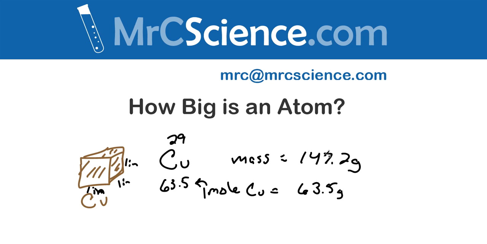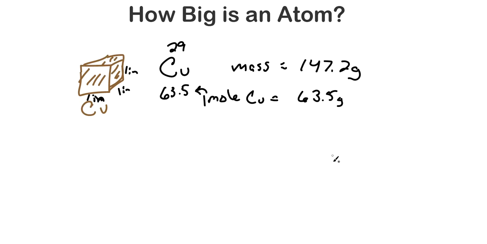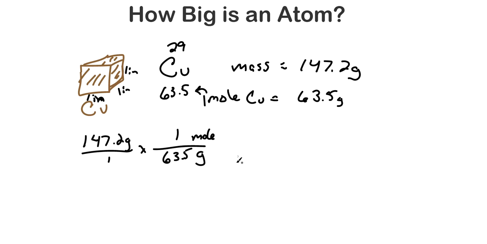So from that, I want to see how many moles we have. How many of these units do we have in our 147.2 gram sample? So we'll start with what I know, 147.2 grams, put that over 1, times, put what we want to get rid of on the bottom, grams, what we want to get, moles, on top. So we know 1 mole is 63.5 grams.